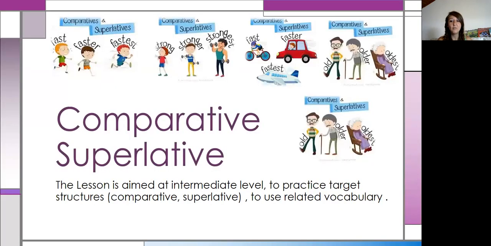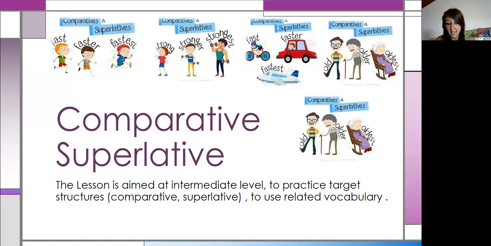Thank you very much. In this lesson, our topic is comparative and superlative. So I will share my presentation. The lesson is aimed at intermediate level to practice target structures, comparative and superlative, and to use related vocabulary.